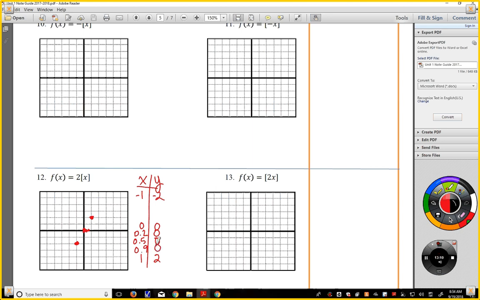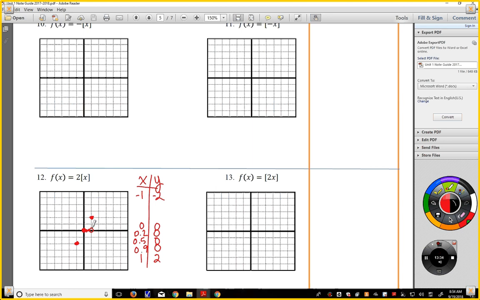Is there any number between 0 and 1 that would work out differently than this? No, because all of them would be rounded to 0, and then times 2 would still be 0. So this step is still like it was in the parent function until we get to 1. But then the difference is when we plugged in 1, it doesn't go up to 1, it goes all the way up to 2. Okay?